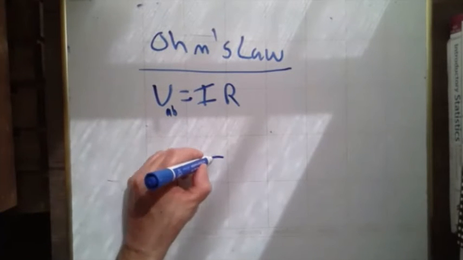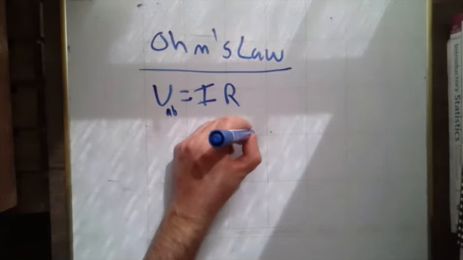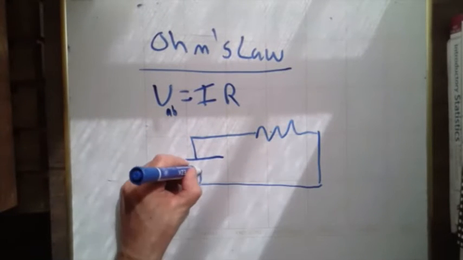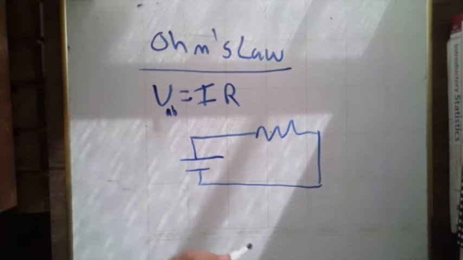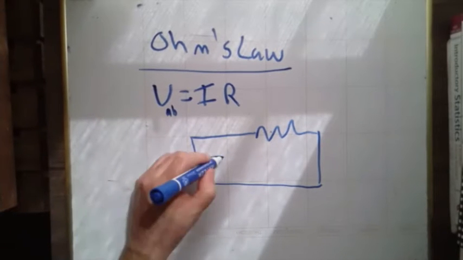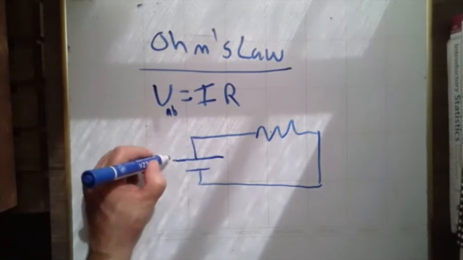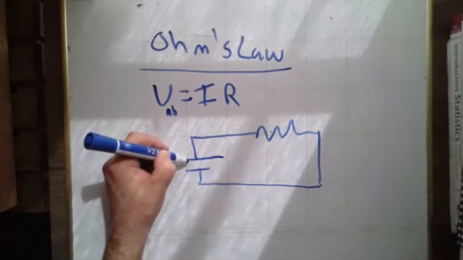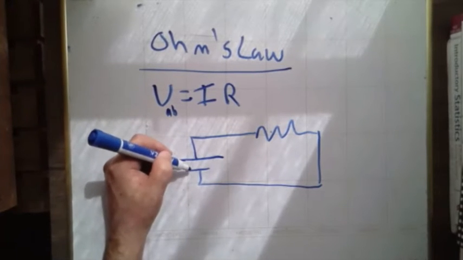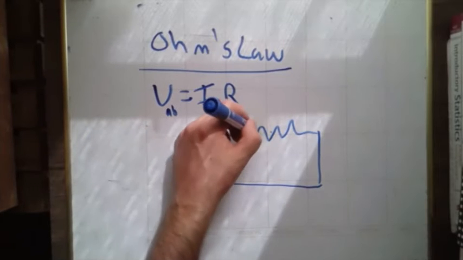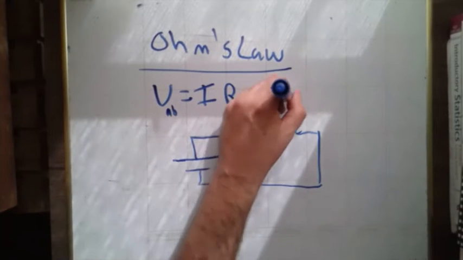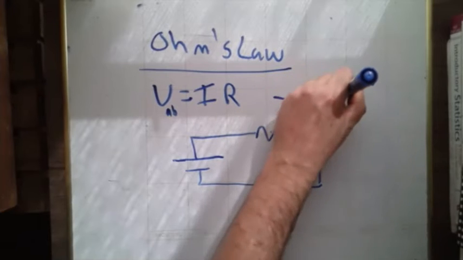So if I had a battery going through a resistor, this is our circuit diagram element for a battery. Notice I have the two lines, but one's bigger than the other. Capacitors would be the same. This is our circuit element for a resistor.